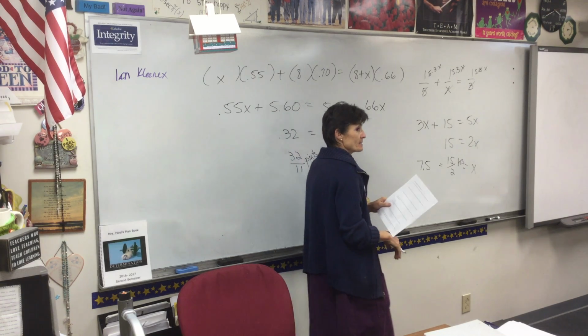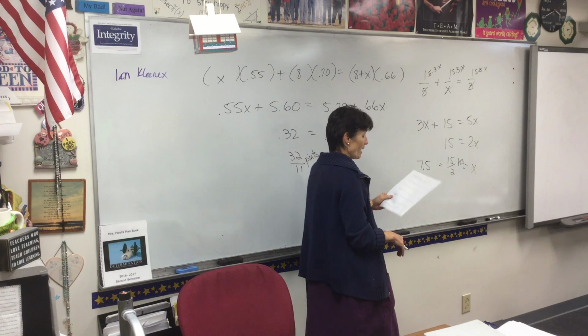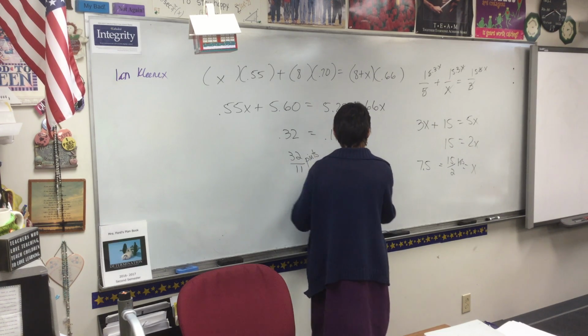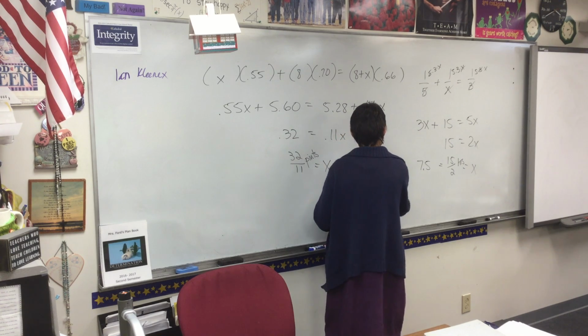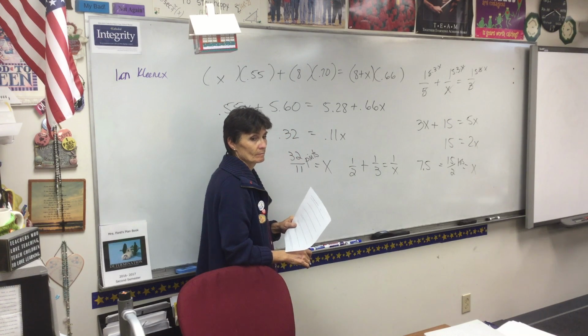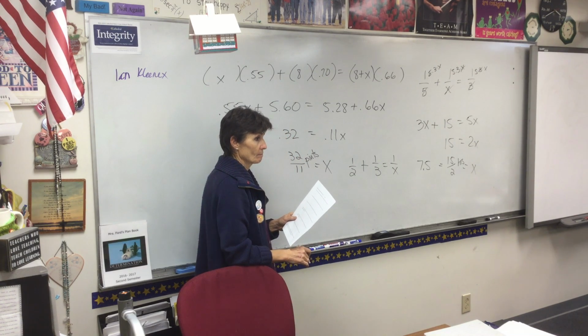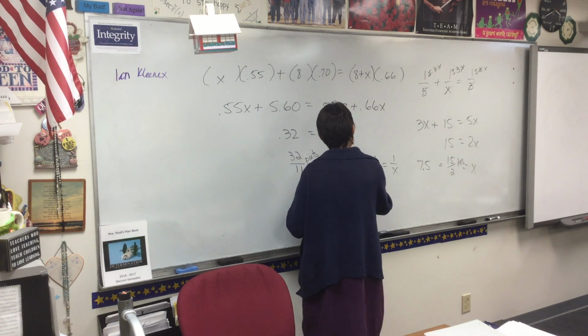All right, number 5, set it up for me, Ava. Equation for number 5. 1 over 2, 1 over 3, and 1 over X equals 1 over X. She right? This is so easy, you're getting bored. You should just enjoy it.